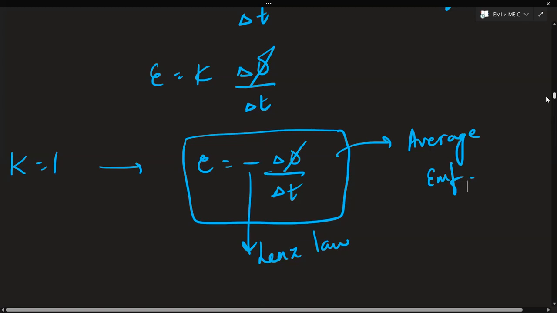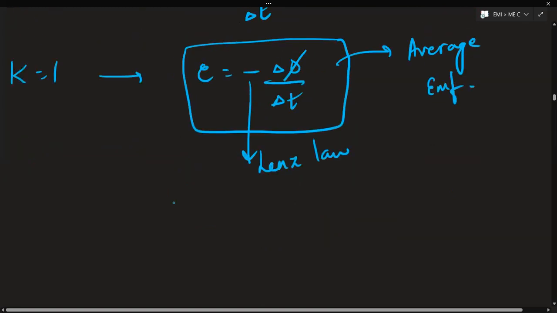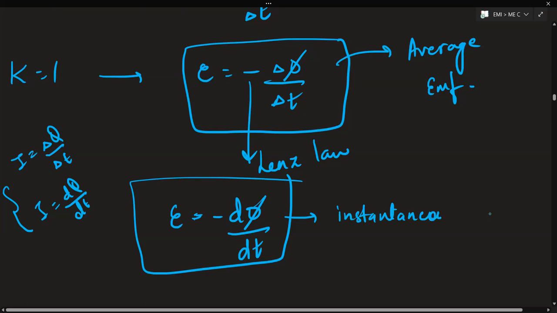If you have to find the instantaneous EMF at a particular time instant, simply minus d phi over dt. Remember, for current also, delta Q divided by delta t was the average, and I is equal to dq over dt was the instantaneous. Similar here. So this gives you the instantaneous EMF.